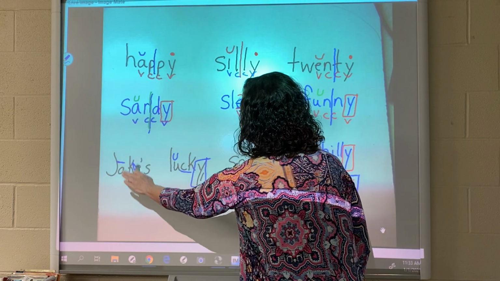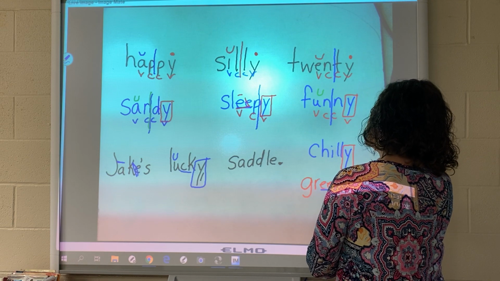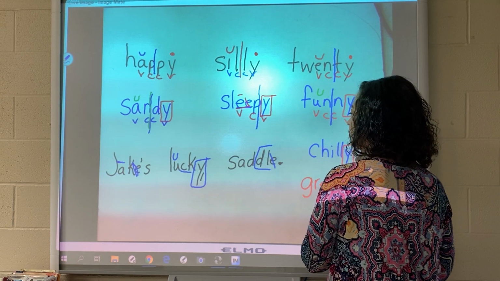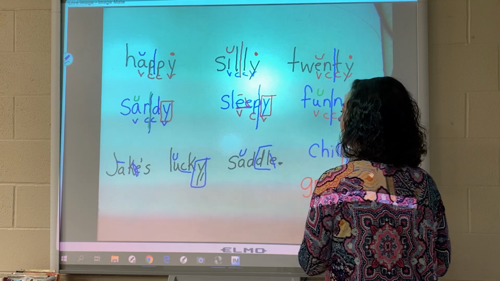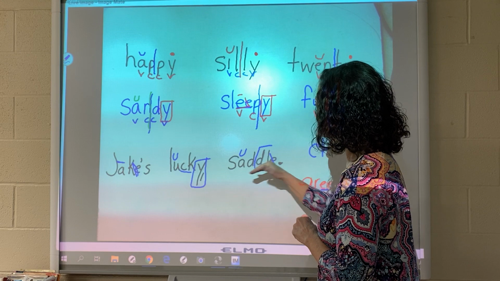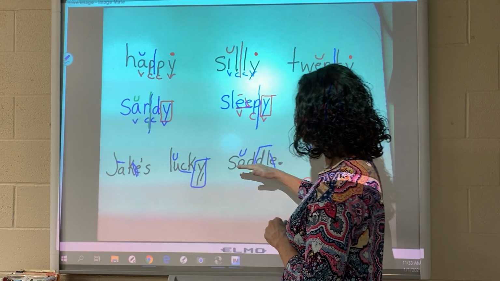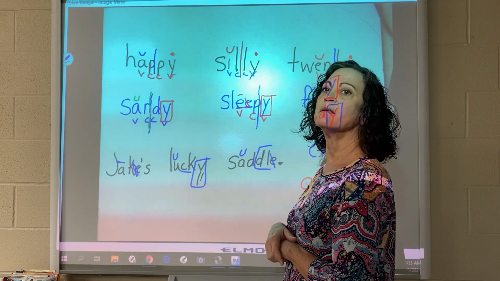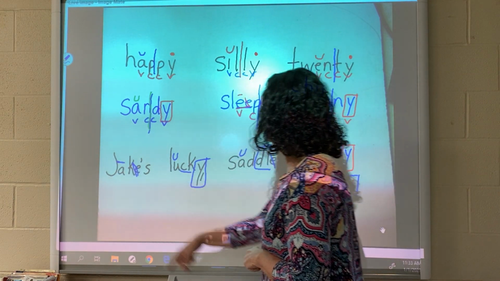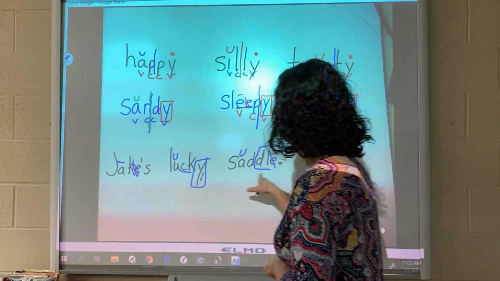So this is Jake's lucky, and then I have this one. I see right now that it has a final stable syllable, dle, and then it has a short vowel, and that word is saddle. Jake's lucky saddle. Does that make sense? Yes. It has a capital, it has punctuation at the end, and it makes sense.